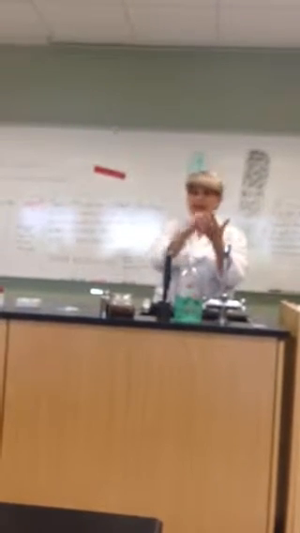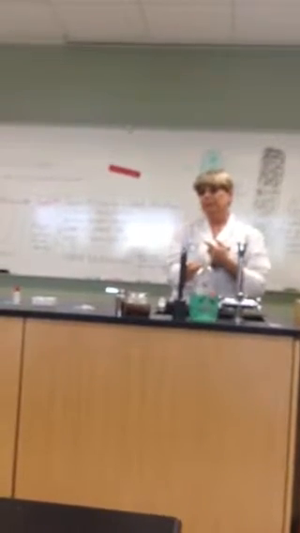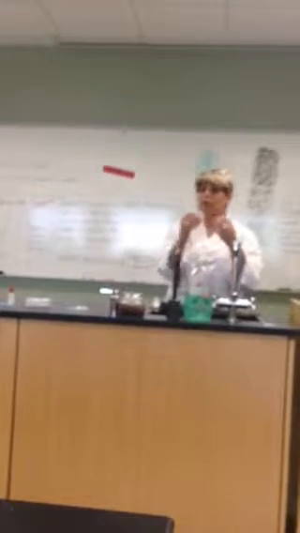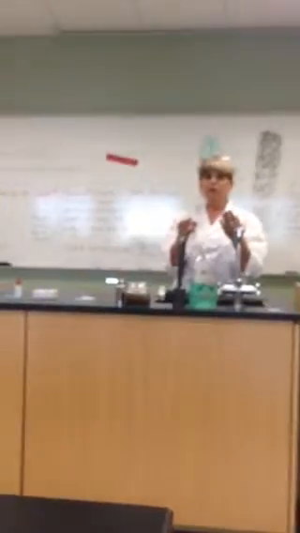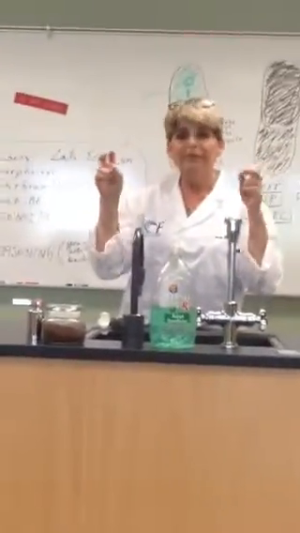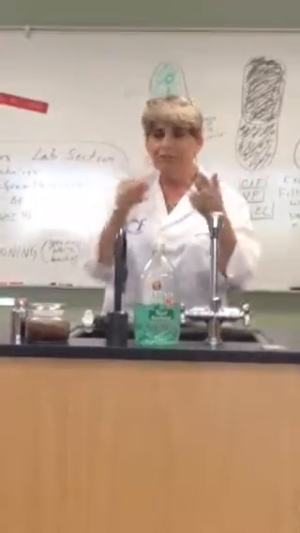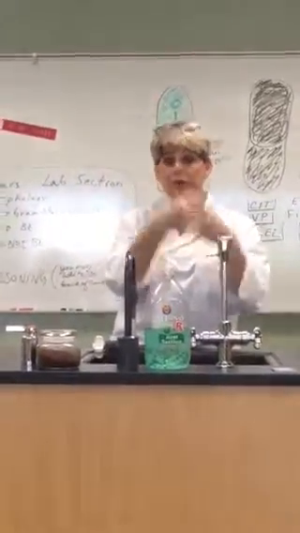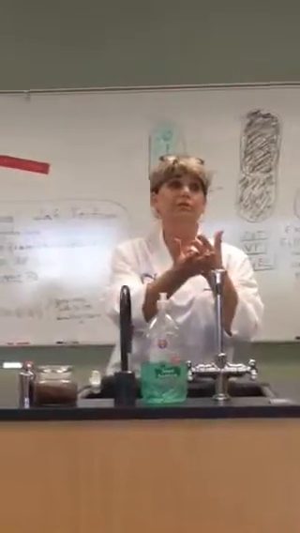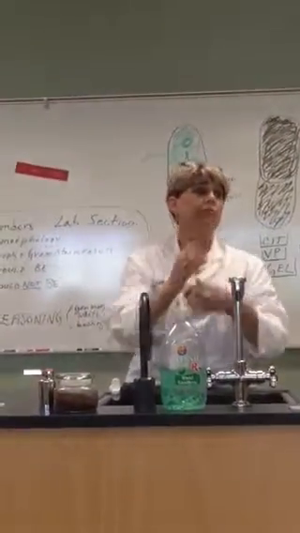So in your API test strip, you have sugars and amino acids for the most part. And we're going to read the result of a color change. If we got a color change, that means the bacteria ate or fermented, or whatever, used the nutrient and produced a waste product, and the waste product is what turned the cup a different color.